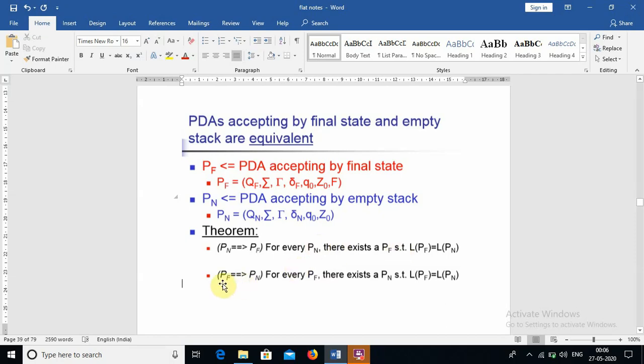In the same way, if PF exists, a PN exists. For the same language we can construct a PDA by empty stack and a PDA by final state, and we can say that those two are equal.